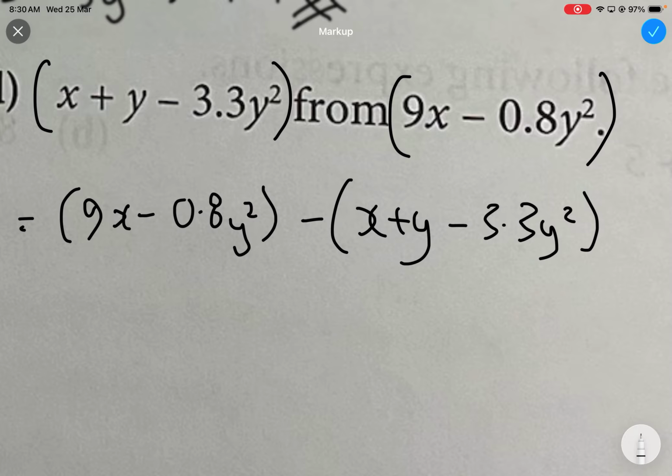I have a rectangle. What is the area of this rectangle?